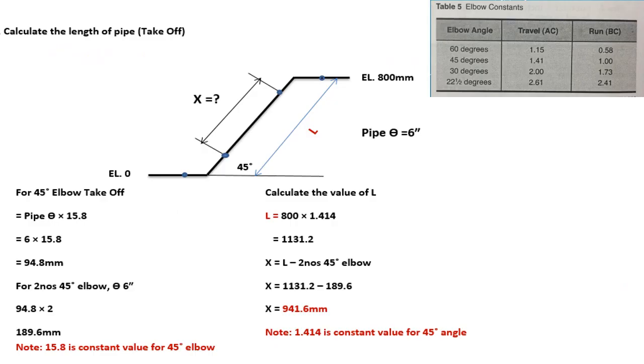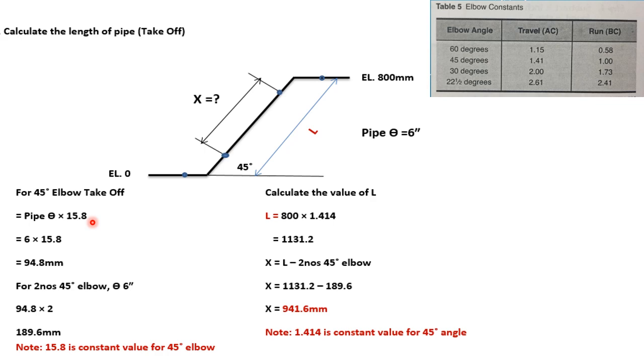Let's see the question. We will calculate step by step. For a 45-degree elbow takeoff, the formula is pipe diameter times 15.88. You know 15.88 is constant for a 45-degree elbow.